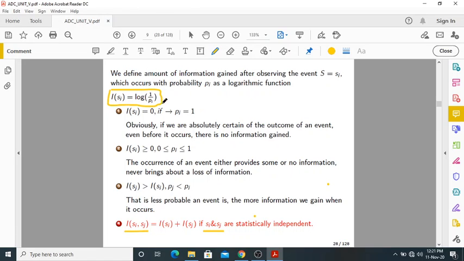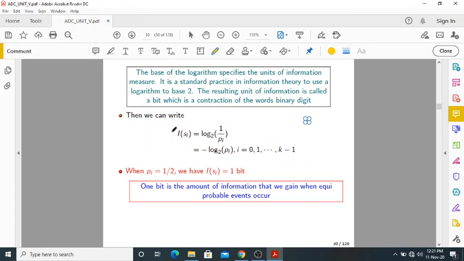If you do so, you must say that the information is in terms of bits. This is the typical formula of the information that we gain from the occurrence of any symbol Si. Log base 2 of 1 by pi, we also write as minus log base 2 of pi. You know all these things. So these are the typical formulas that we use for the information.